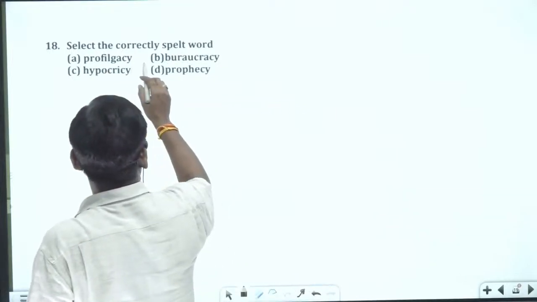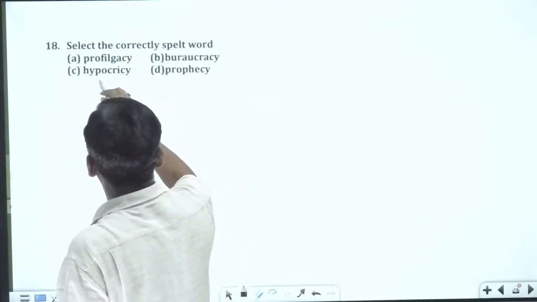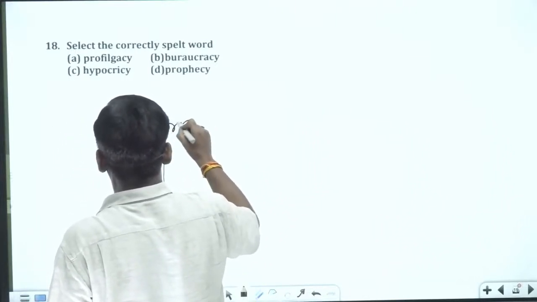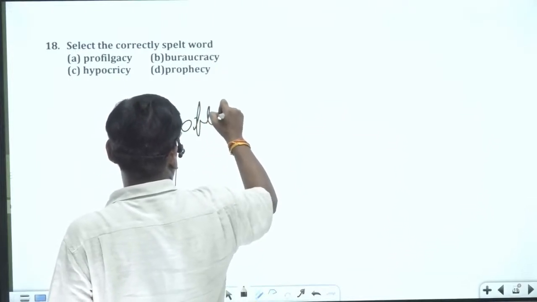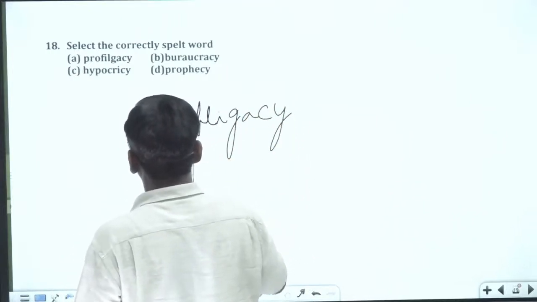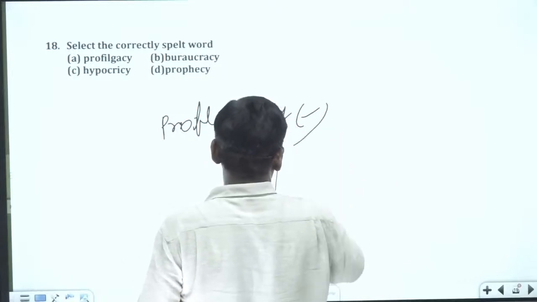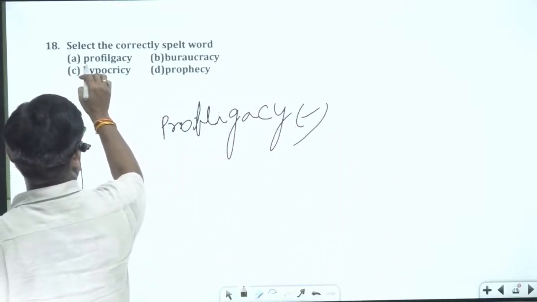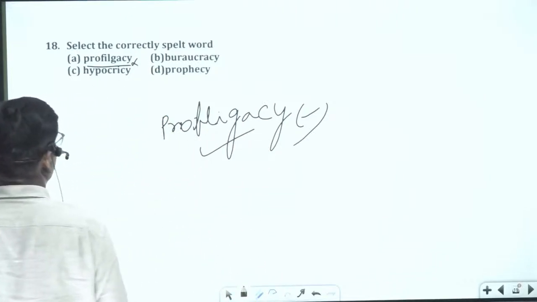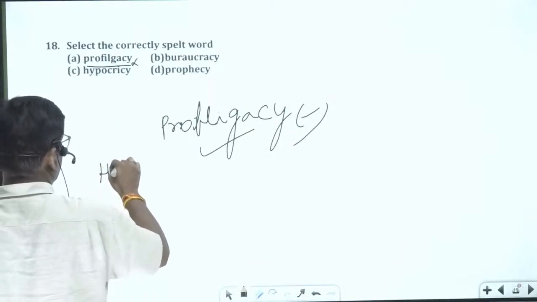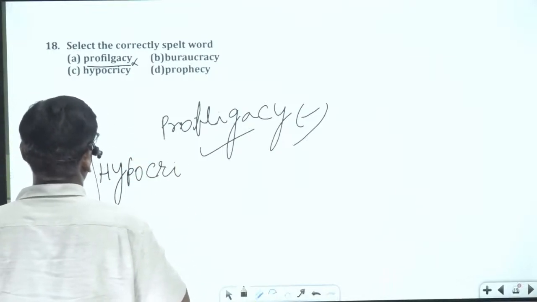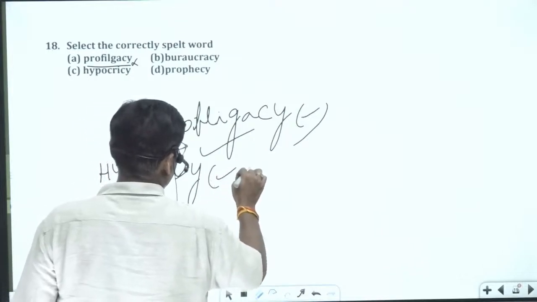Next, select the correctly spelled word. Profligacy. Profligacy is correct, so this is wrong, this is correct. And hypocrisy, this is correct.